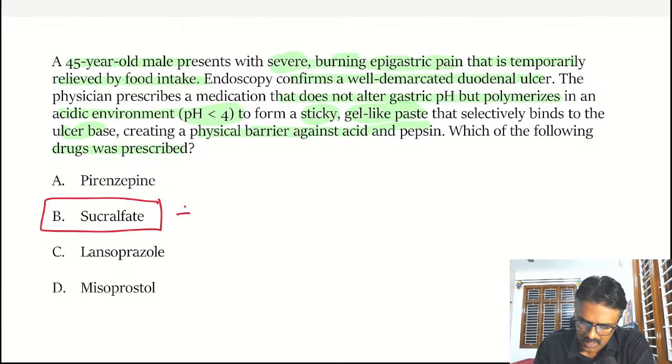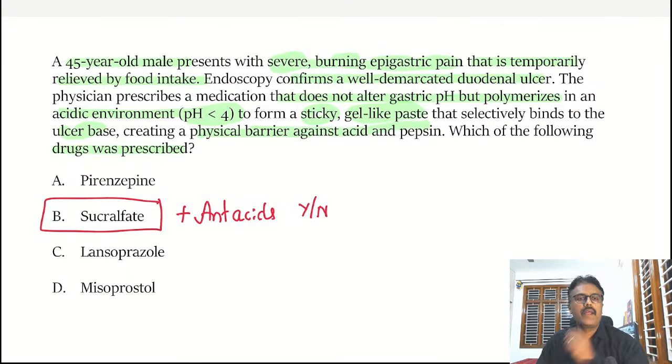Now again the question is, can I give sucralfate and antacids together? You comment yes or no. Pirenzepine is also used for peptic ulcer disease, but it is an anticholinergic drug.